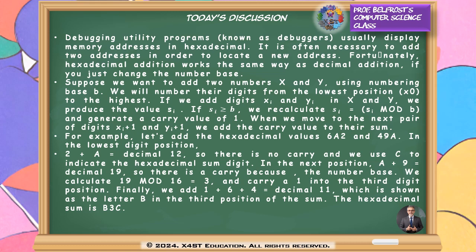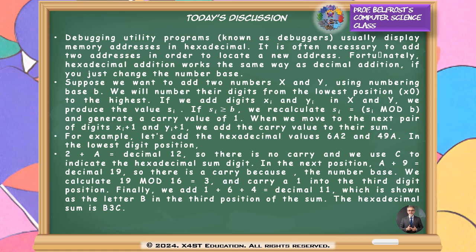I will number the digits from the lowest position x0 to the highest. If we add digits xi and yi in x and y, we produce the value si. If si is greater than or equal to b, then we recalculate si as si mod b, the modulus operation, the remainder operation, and generate a carry value of 1.